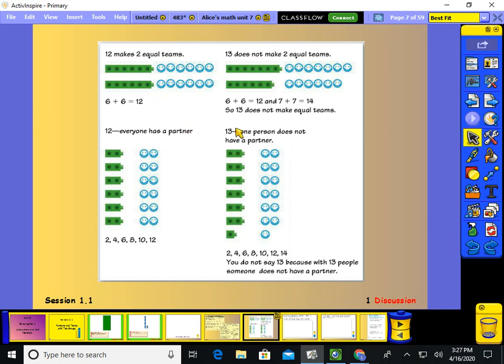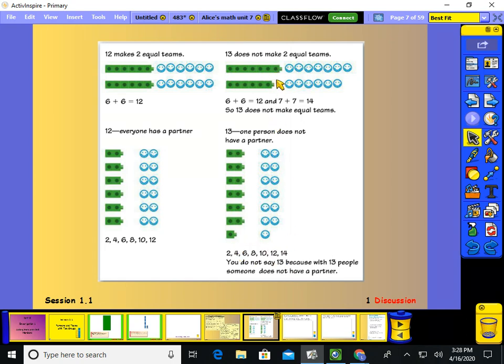When we ask them to describe an odd number, if they're referring to partners, they might say one person will be left out. One person won't have a partner. If I'm counting by twos, I will skip over that odd number, starting with 2, because it's a skip counting pattern.